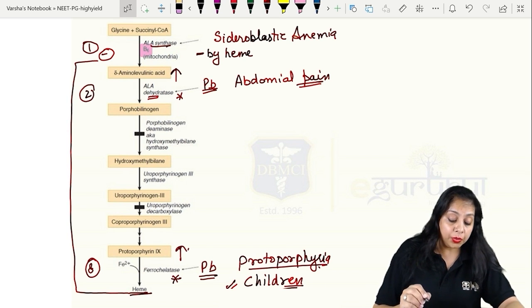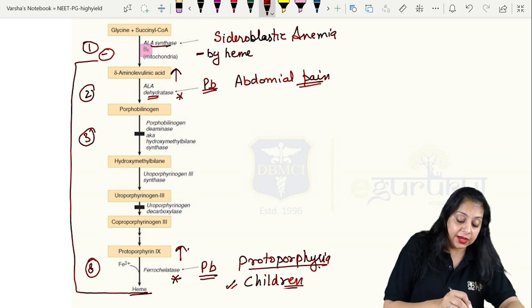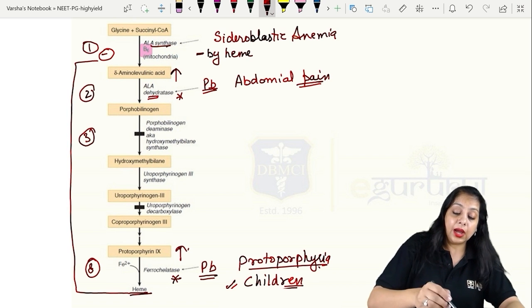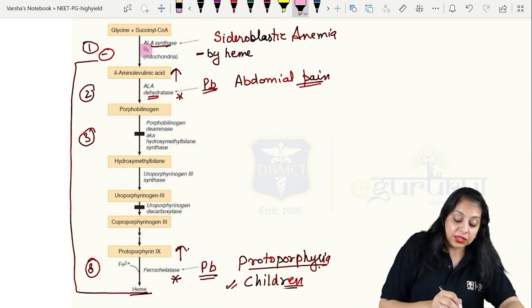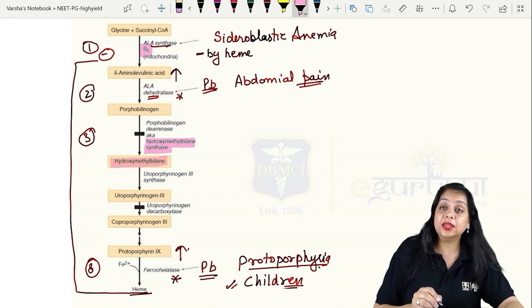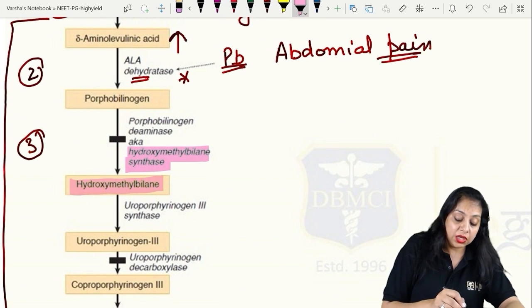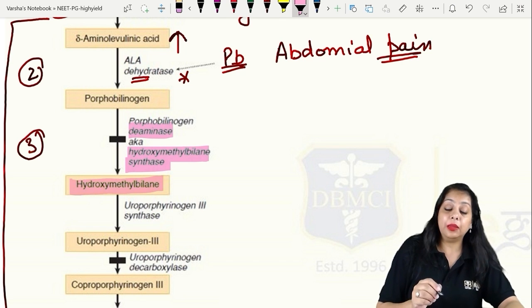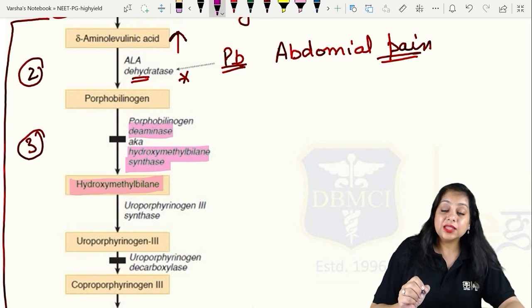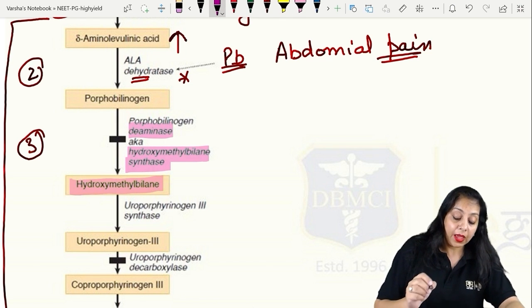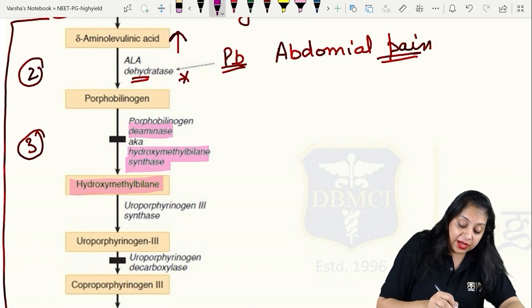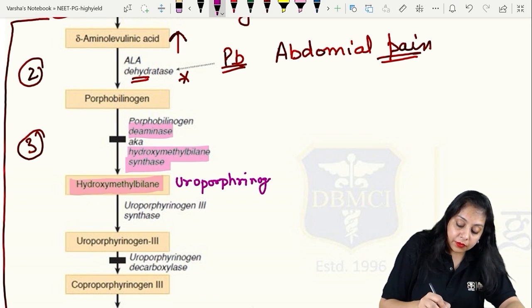From porphobilinogen to hydroxymethylbilane, the third step, there is one enzyme. Since you are making hydroxymethylbilane, the enzyme is hydroxymethylbilane synthase, or you can say you are deaminating porphobilinogen, so porphobilinogen deaminase. That is the same enzyme with different names. The product is hydroxymethylbilane, also known as uroporphyrinogen 1.